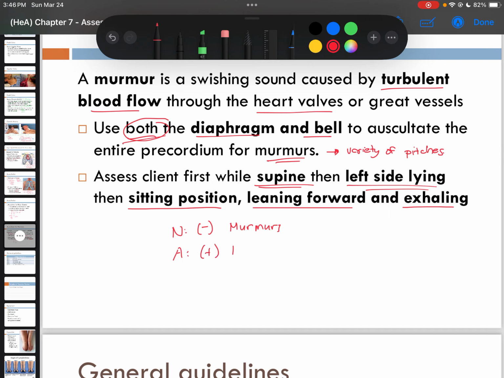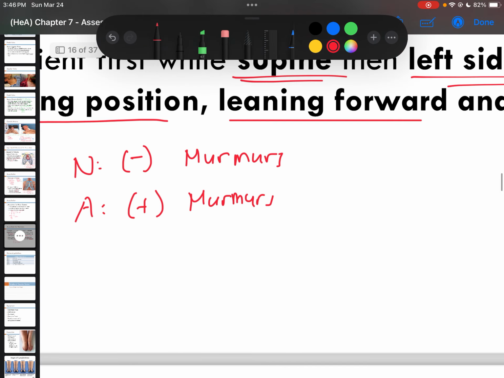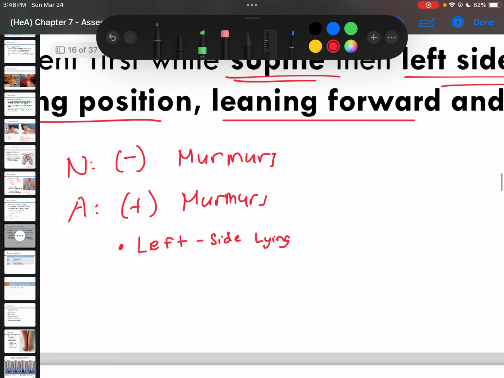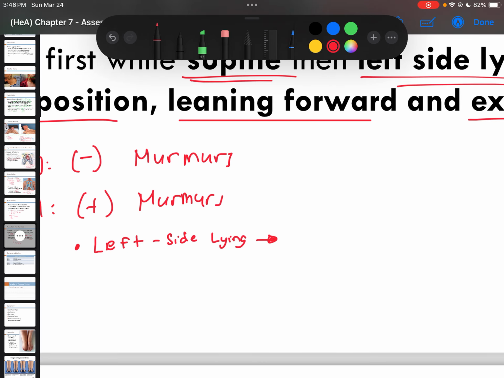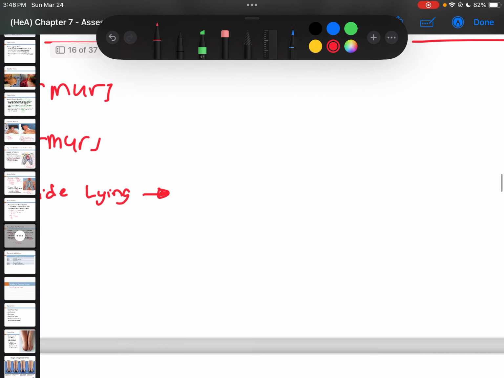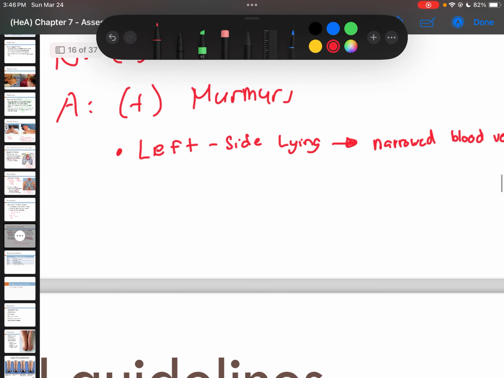Abnormal findings, class, is if there are murmurs. Now, here are some specifics. If we can detect murmurs while they are left side lying, it is indicative of narrowed blood vessels, otherwise known as stenosis, narrowing of blood vessels.